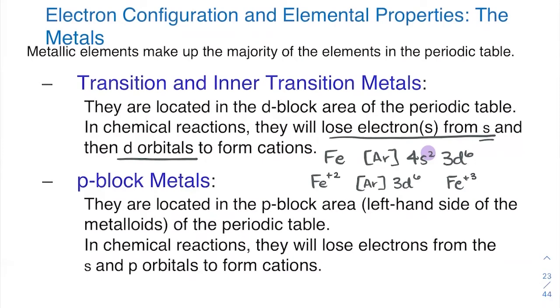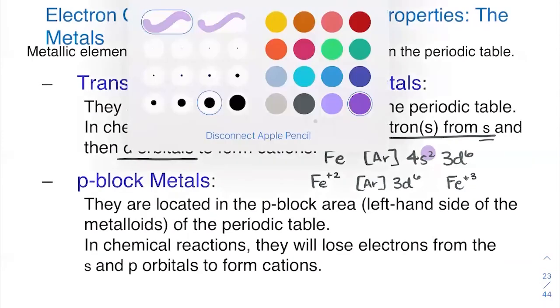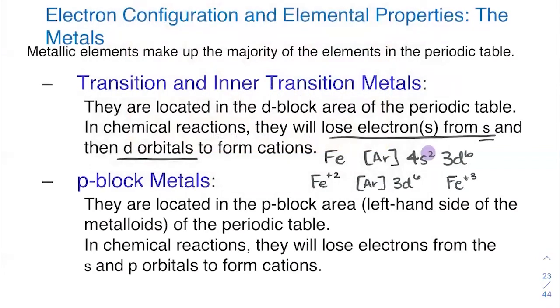Now, iron +3 would lose the 2 from the 4s2 orbital and also 1 more from the d's. That's where we can say that the d's can react, but they don't have to react. So we don't want to count them as valence electrons, but we can see that they react in order to form stable cations for those transition metal elements.